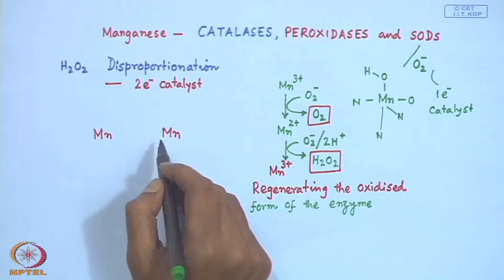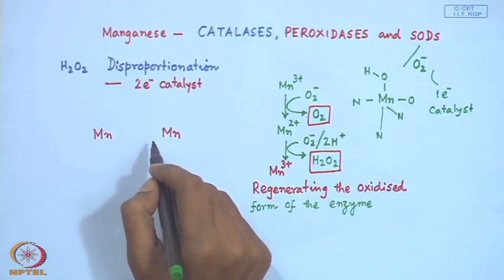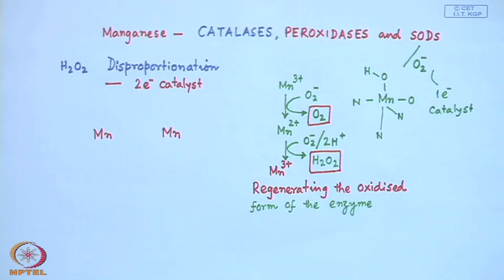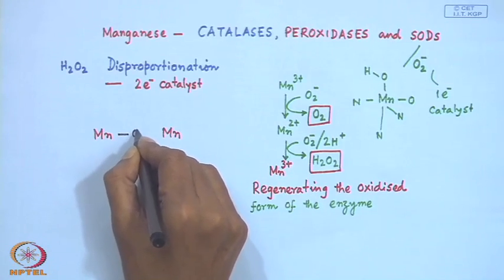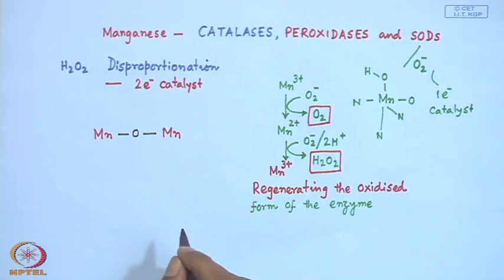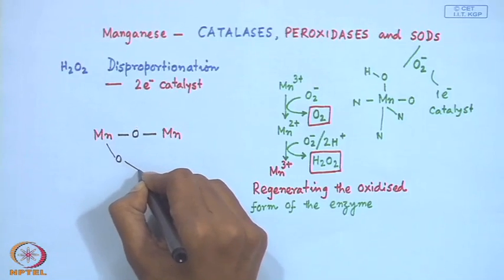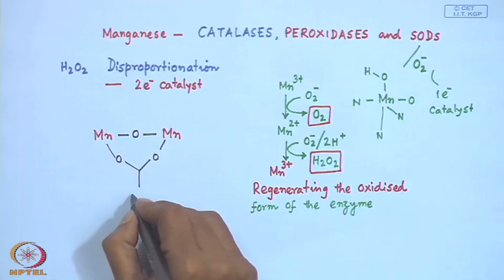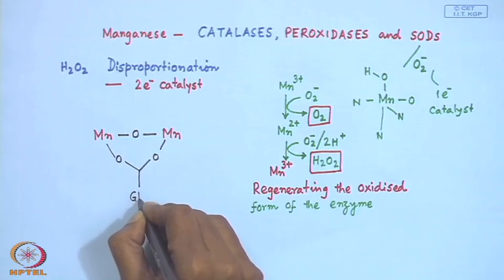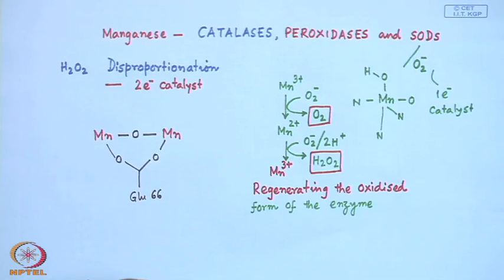But for this disproportionation reaction based on manganese, we should have a corresponding dimanganese system, and this dimanganese all the time, like our photosynthesis center, can be connected with an oxo bridge and one carboxylate bridge, and this carboxylate bridge is coming from glutamate 66.